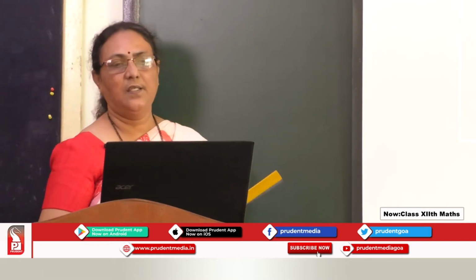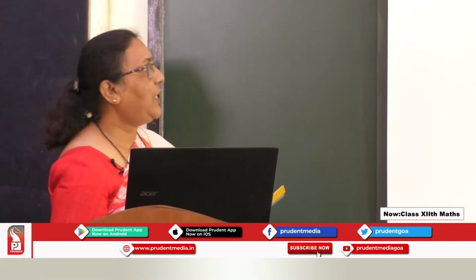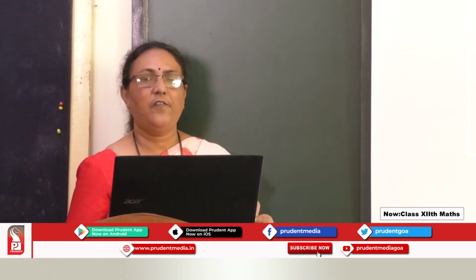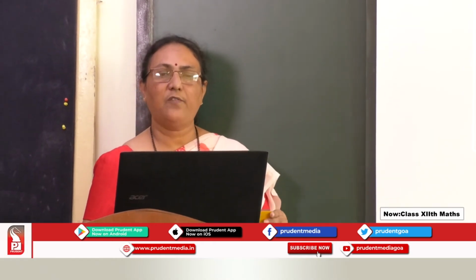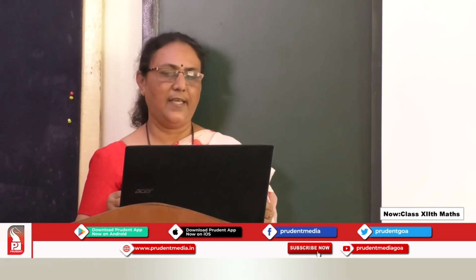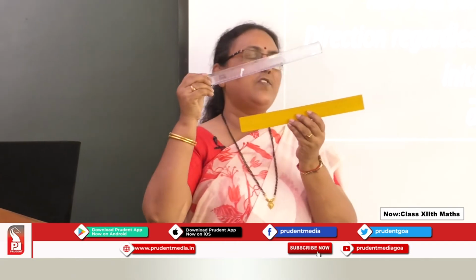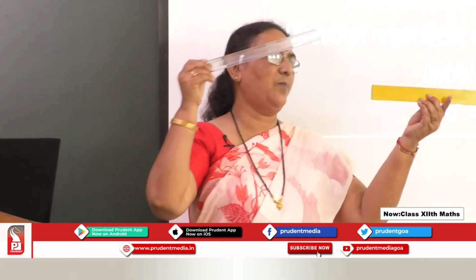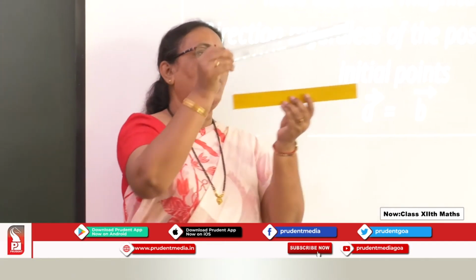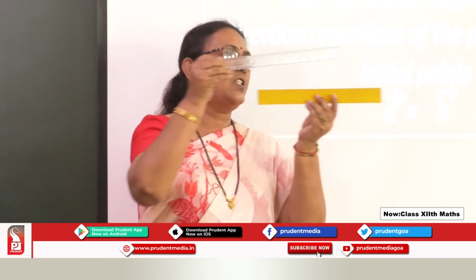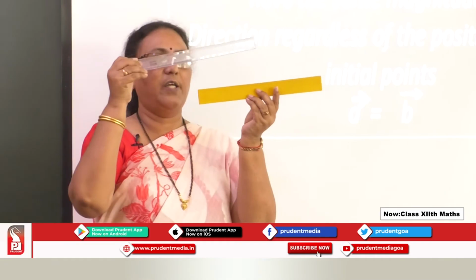Equal vectors. Two vectors A and B are said to be equal if vector A and B have the same magnitude and same direction. Suppose these are the two vectors, and both are moving this way. The magnitude, the length of both, is the same and the direction is the same, then only they are called equal vectors.